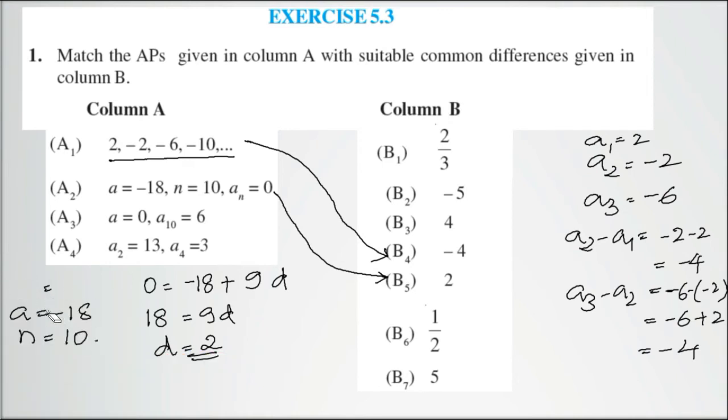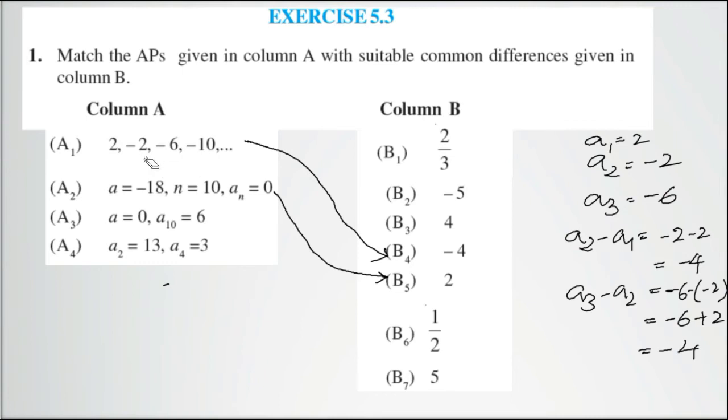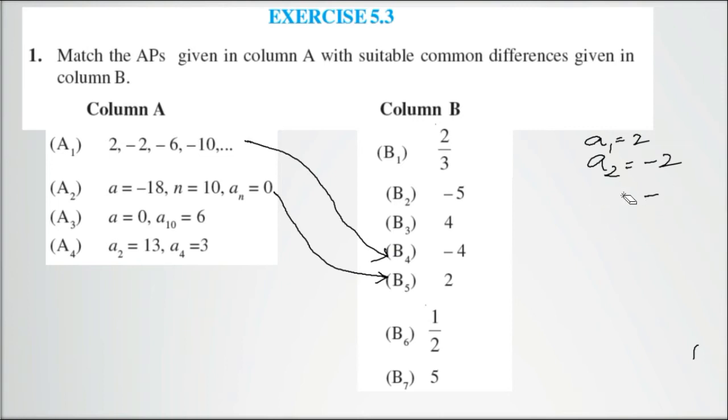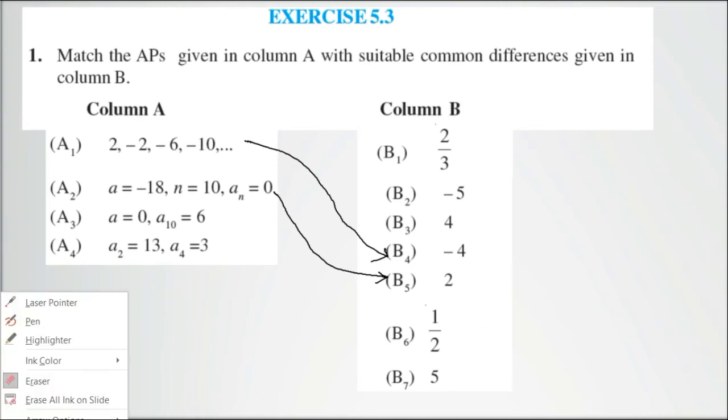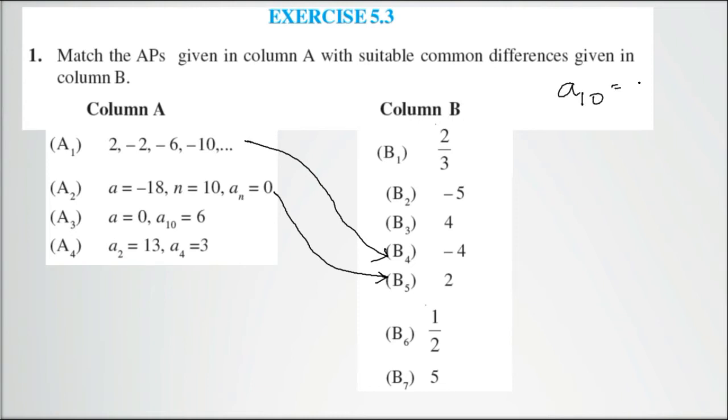Now I need to work out for the third and the fourth one. I'll erase a little part of this. In the third, we are given with the 10th term equal to 6 and the first term is 0. 10th term is a10, which is 6.